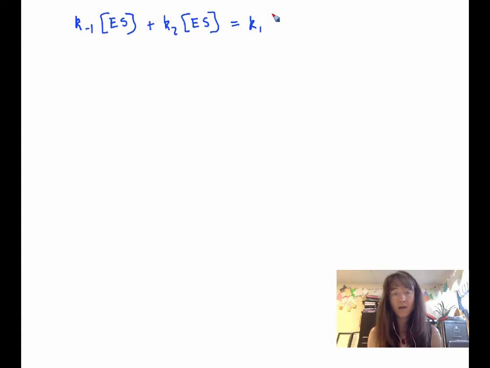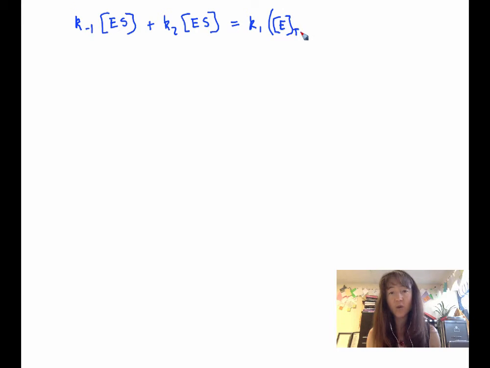So remember we had talked about the k minus 1 times enzyme substrate concentration plus the k2 times enzyme substrate concentration as being equal to k1 times, and we had just done a little bit of plugging in, because remember in order to express the E free, we had decided to replace that with a term that had enzyme substrate in it.